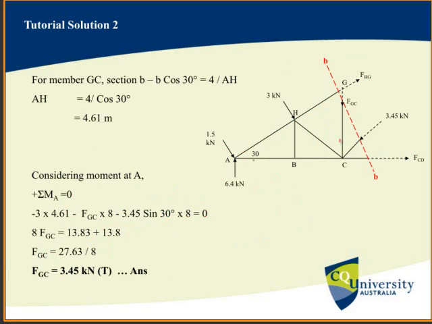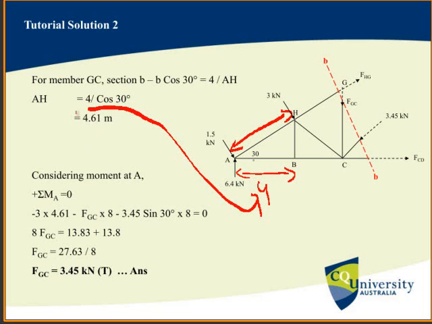In this case, we have to determine the value of AH, the same way as the previous. 4 by cos 30. 4 is this distance. So AH will be 4.61.